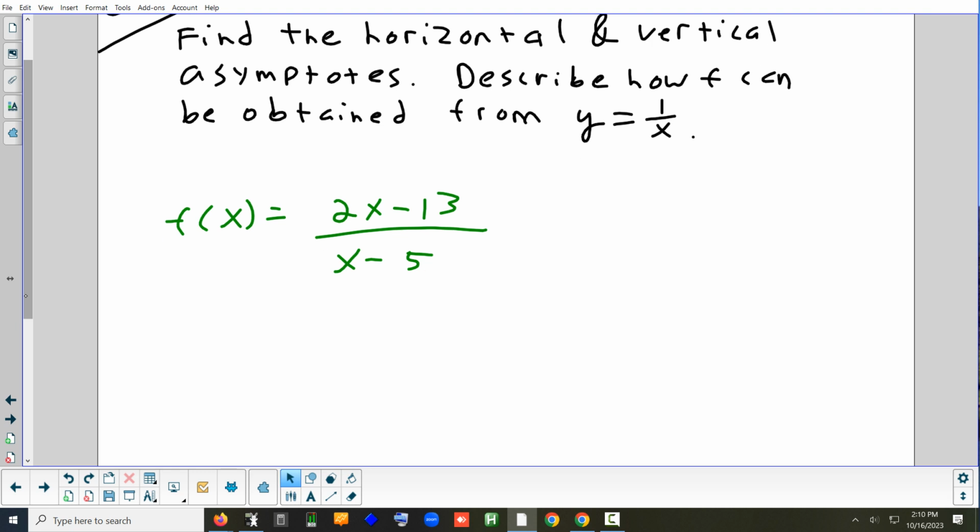When we want to describe a rational function, you want it to look something like this: 1 over x or 2 over x, something like that. Let me write out what the different numbers do in the different spots. So let's say we had something like this.